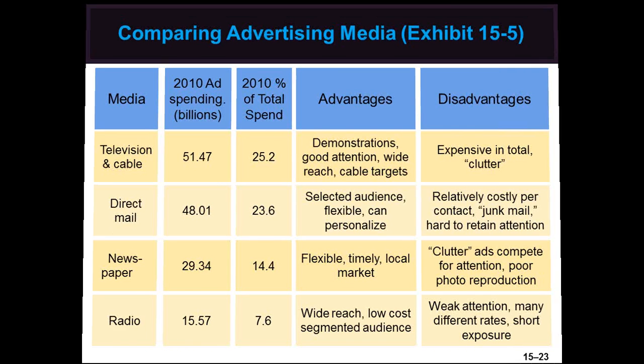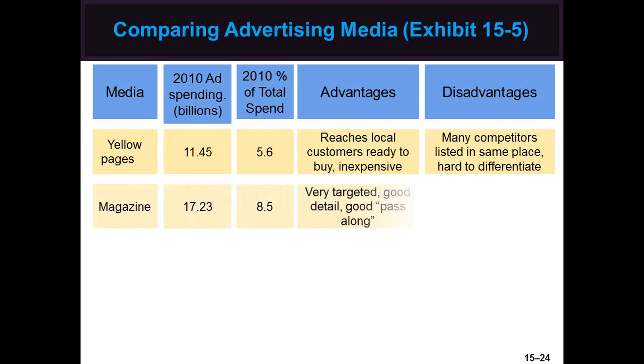So this chart shows the characteristics also. Yellow pages reach local customers who are seeking purchase information. However, competitors are also listed there and differentiation is difficult. Magazines are very targeted, provide good detail and excellent graphics, have high pass-along rates and long shelf life.